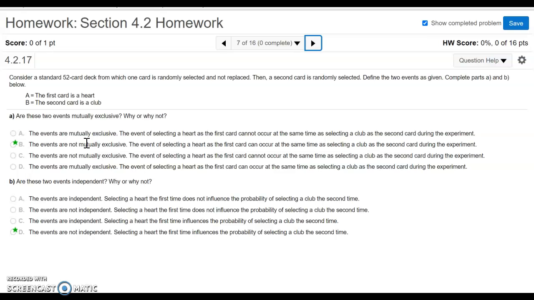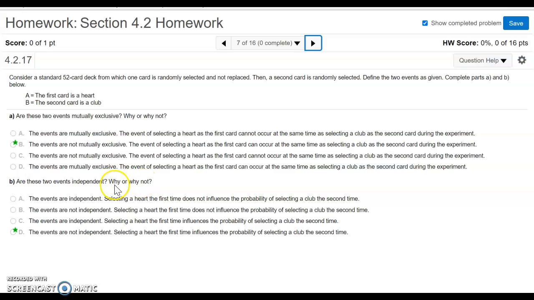Well, remember, mutually exclusive says they cannot occur at the same time. Okay, well, they can occur at the same time because the event of selecting a heart for the first card and the event of selecting a club as the second card during the experiment, they can happen at the same time.